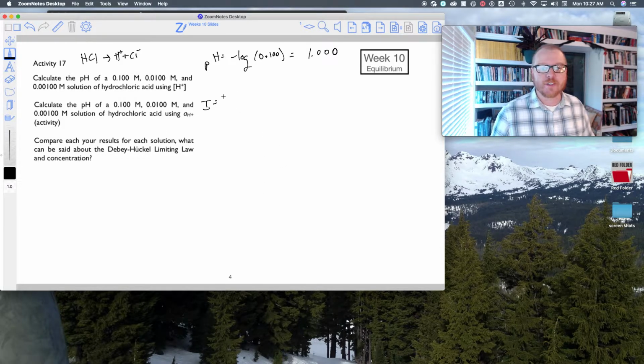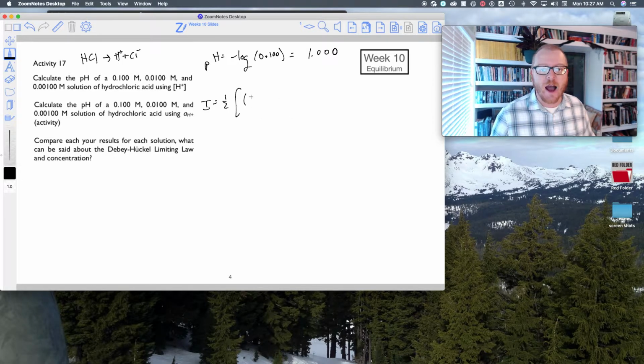Okay, so this is going to be ionic strength equals 1/2. And now I have to sum up all of the charges. So that's going to be 1/2 times Z times the ratio of molarities. I'm going to use the ratio of molarities, but it's going to be a very similar calculation.